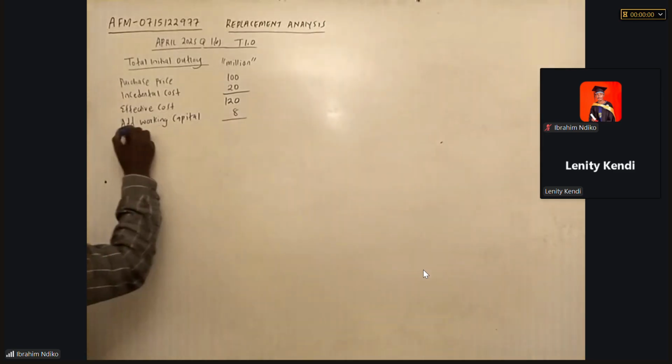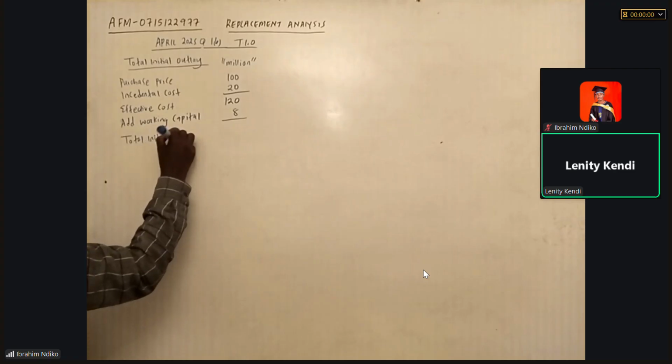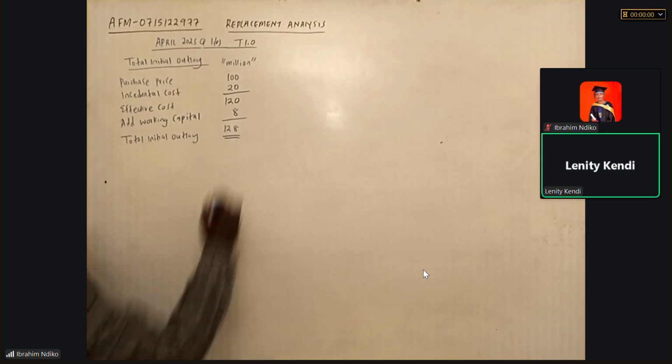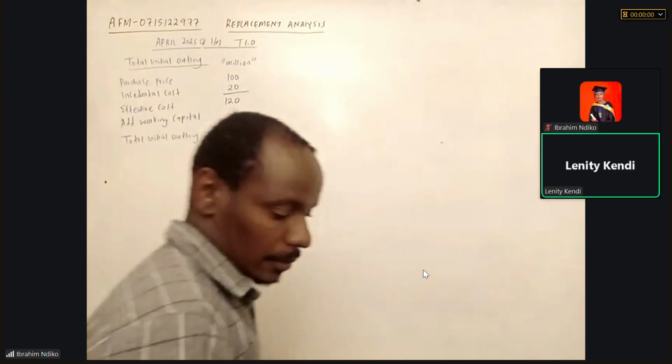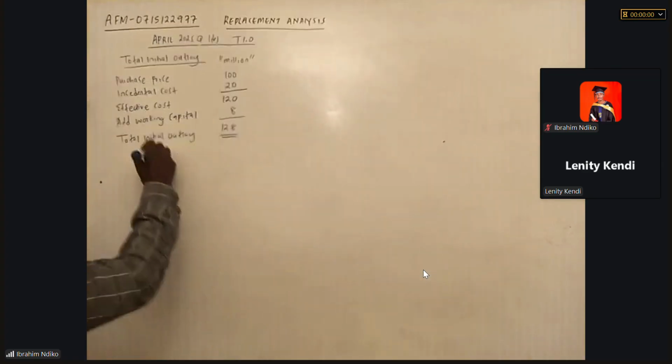So our total initial outlay itakuwa 128. But kama ingekuwa mambo na replacement, we could have done something to do with the gain or loss on tax, the recapture. Then we also would be left with the market value of the machine.